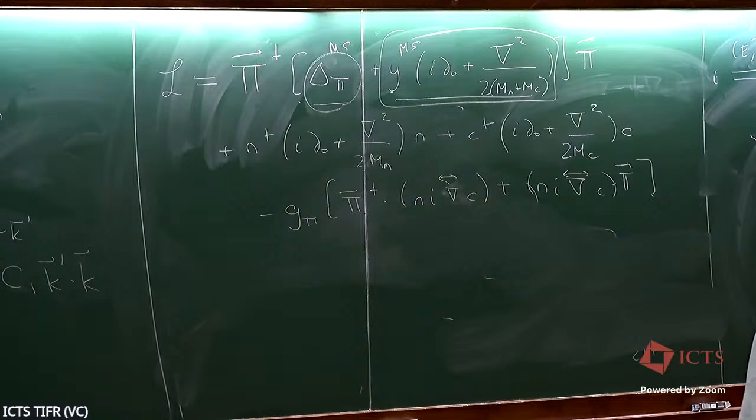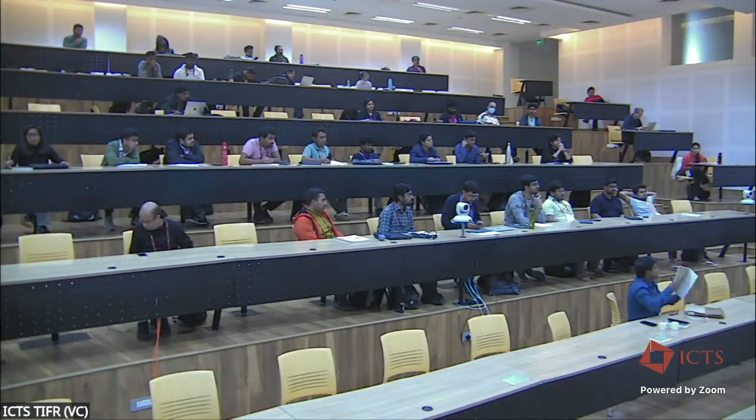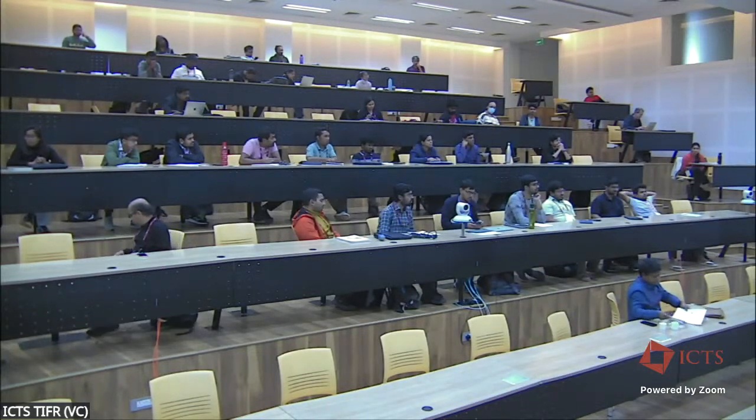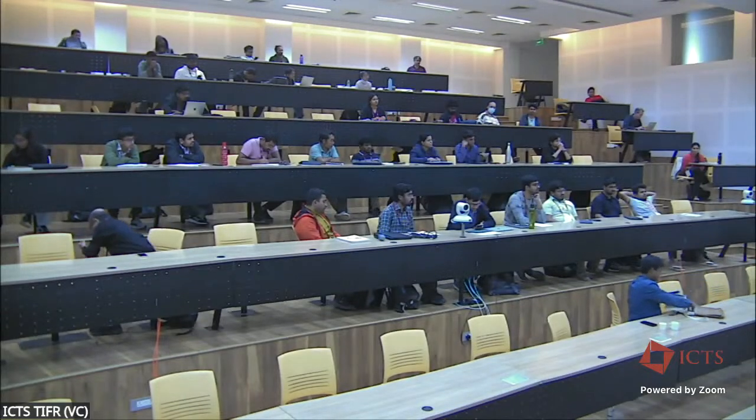I'm not going to do this because I'm already using more than my time. But in the first paper I wrote on beryllium-11, we gauged this Lagrangian and computed the electromagnetic radius of the P-wave state. So you can give it an internal symmetry if you want to do photons.